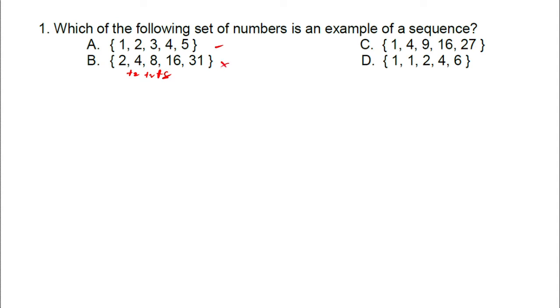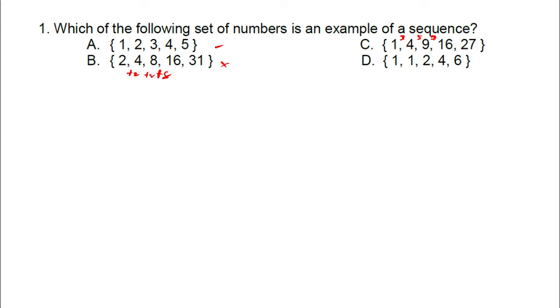In letter C, we have 1, 4, 9, 16. From 1 to 4 you add 3, 4 plus 5 is 9, 9 plus 7 is 16, and then we got 16 to 27.